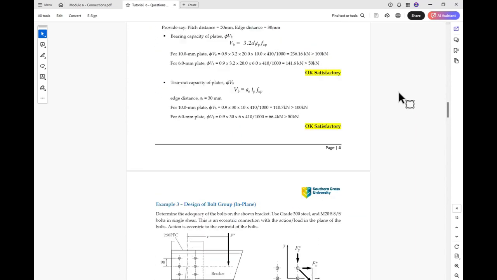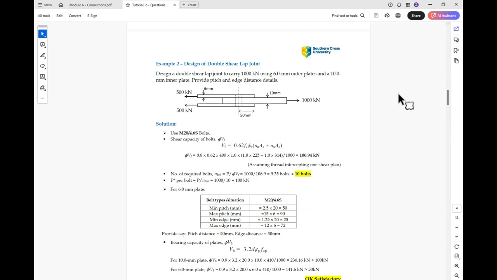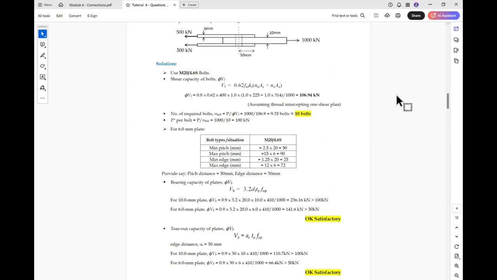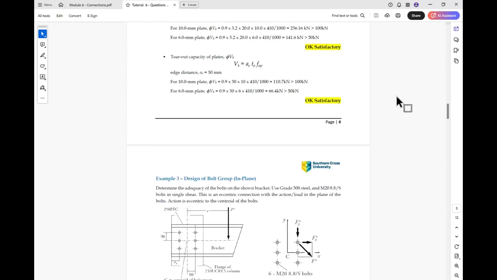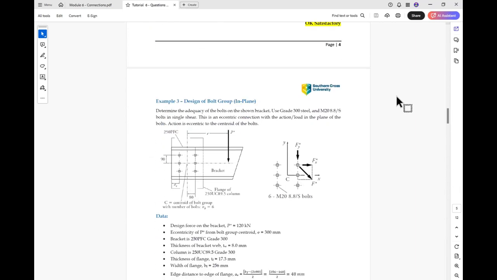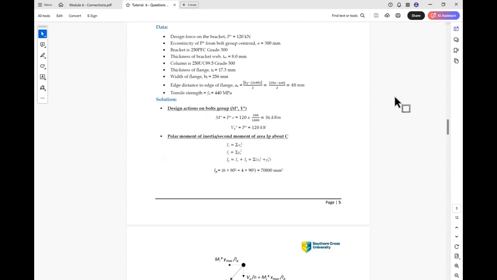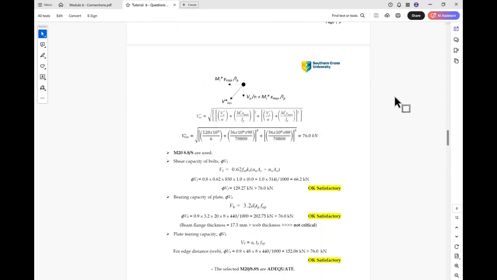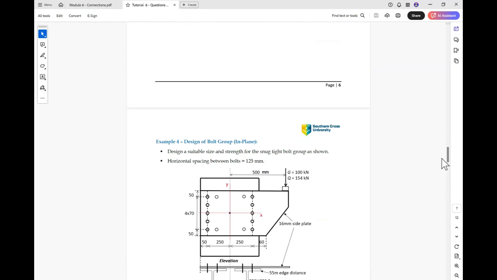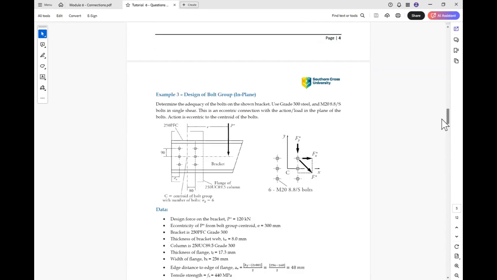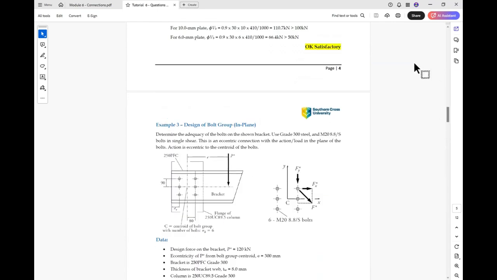There is one for the double shear lap joint, or the connection with bolts under shear, and there is one for the in-plane group member, so have a look at these too, and I am here to help you.